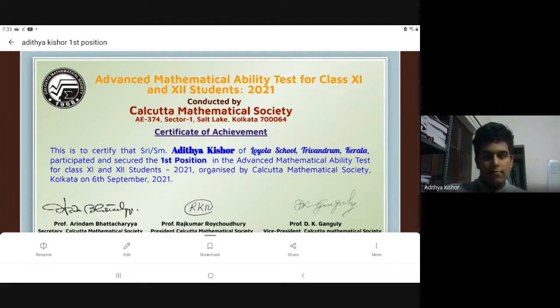So this is your certificate, Aditya, for your achievement.